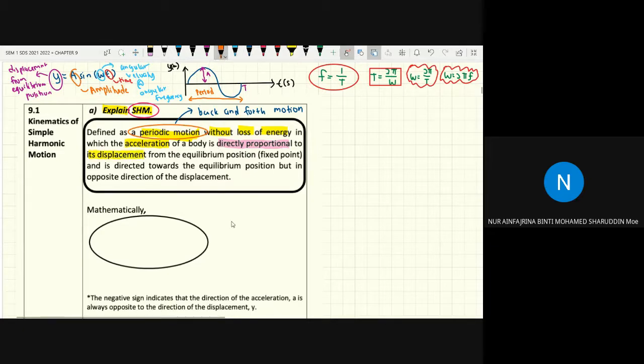So it means your acceleration is directly proportional to your displacement from the equilibrium position.